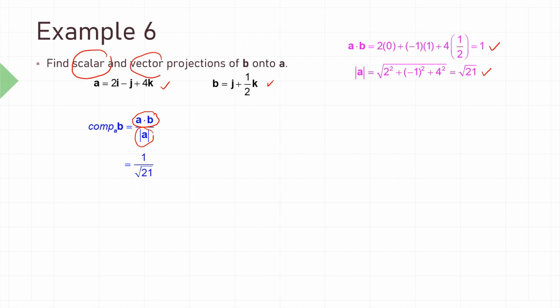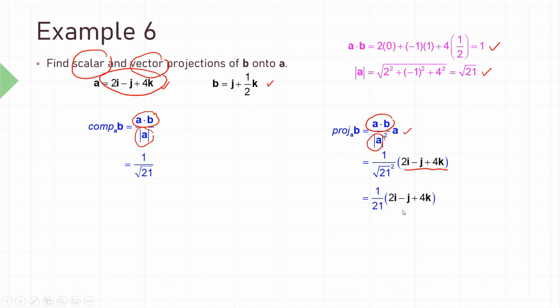Now we want to find the vector projection of B onto A, which is given by this formula. We already have the dot product, and we already have the magnitude of A, and we also have the vector A. So now we just need to plug this into the formula, 1 over square root 21 squared, and this part is the vector A given here.